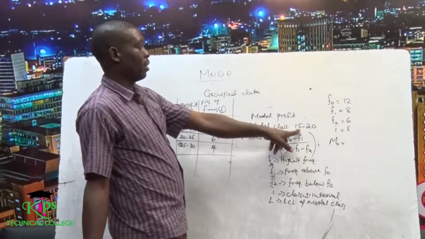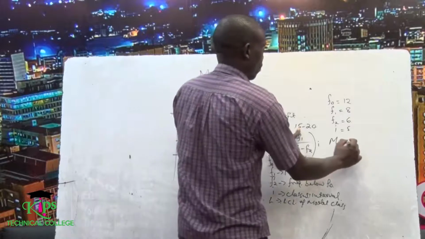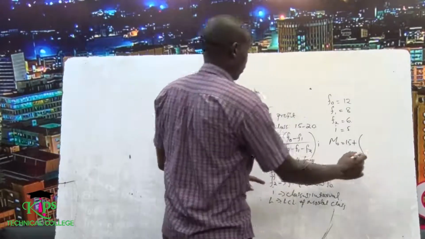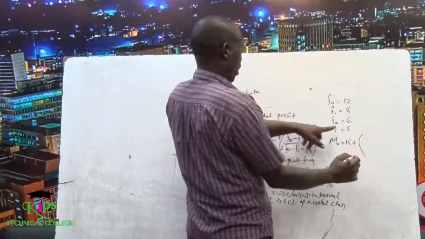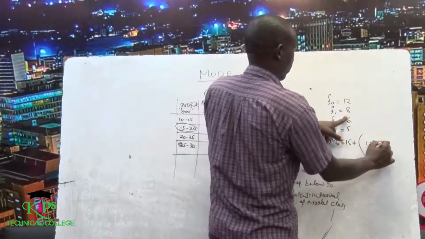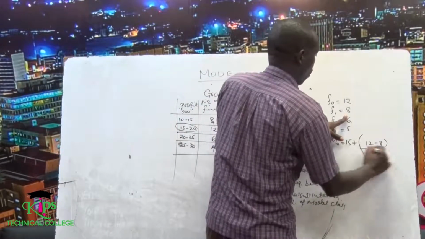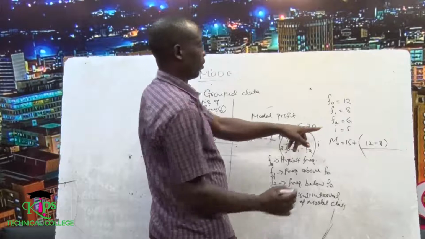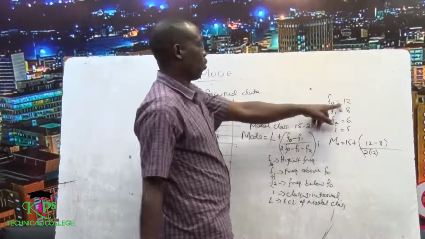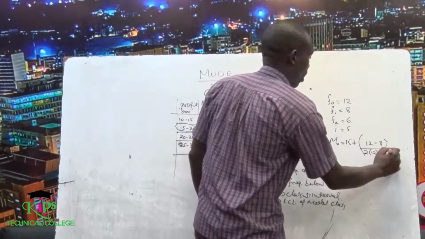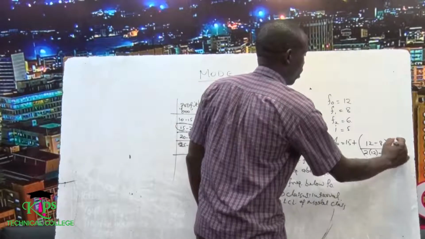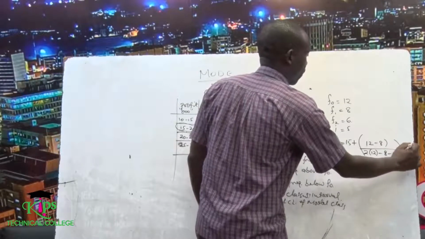So it's going to be 15 plus, in brackets, F0 minus F1, which is 12 minus 8, over twice F0 minus F1 minus F2, and then we multiply by 5.